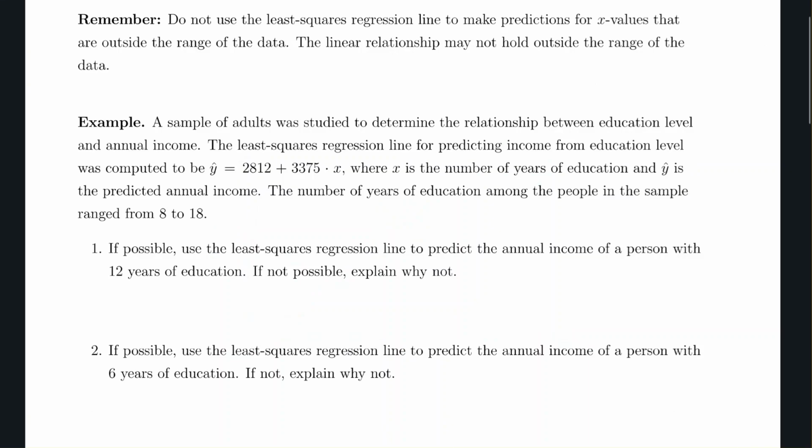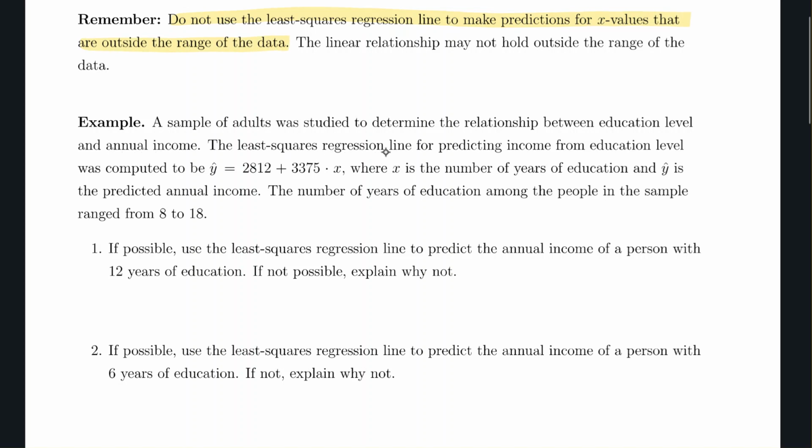So our key reminder: do not use the least squares regression line to make predictions for x values that are outside the range of data given. So in this next example, a sample of adults was studied to determine the relationship between education level and income.